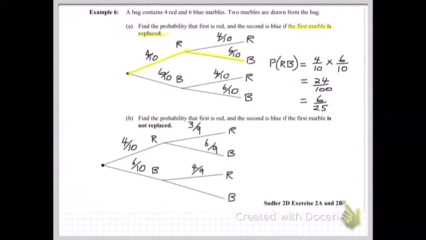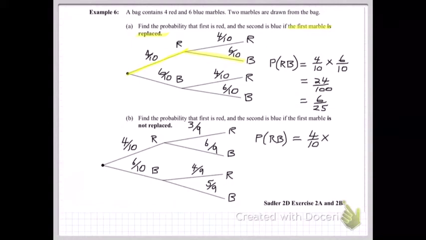For the other branch, if we draw blue, the probability of drawing a red after that, if we don't replace the blue, once again there are 9 marbles left instead of 10, but we still have our 4 original red marbles. For the blue, we've already drawn 1, so there's 5 left instead of 6, and there are 9 left instead of 10.